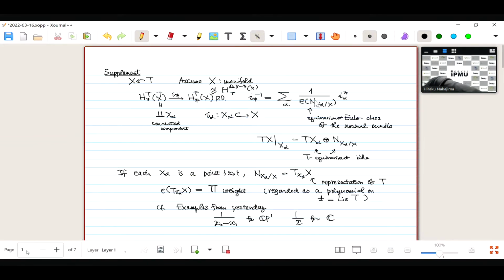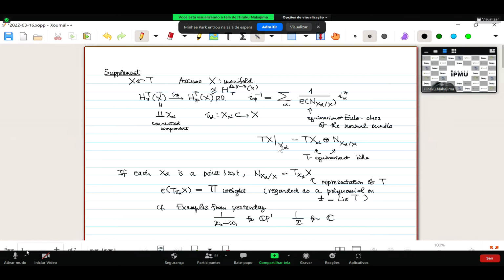So N of X alpha in X, this notation is the normal bundle to the component X alpha in X. X is a manifold, so you can consider the tangent space of X. Then you restrict it to X alpha.